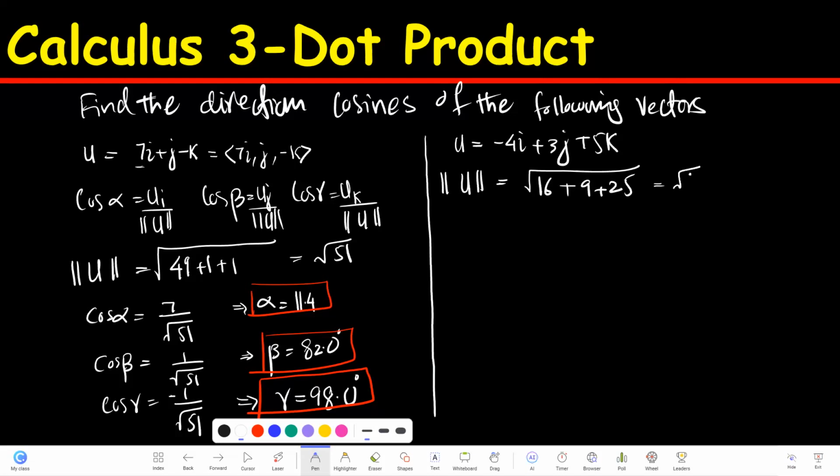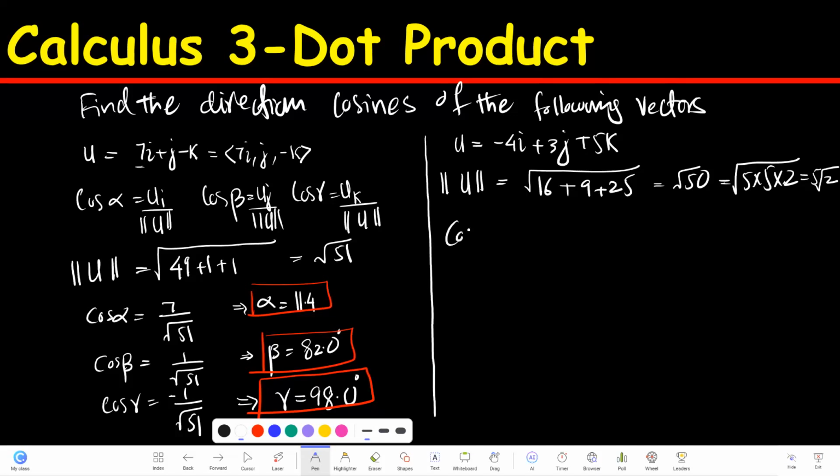You can also write it like this. And if I solve this, it's going to be 5 root 2. That's the u magnitude, or the length of the vector u.